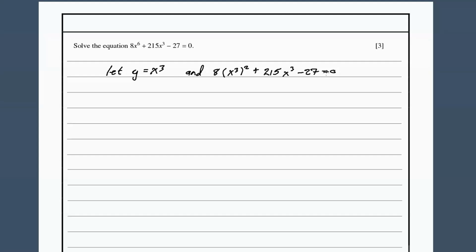If we put y in place of x cubed, that will be 8y squared plus 215y minus 27 equal to 0.